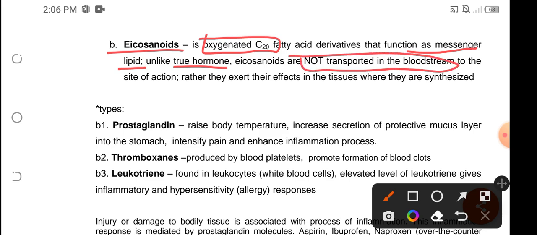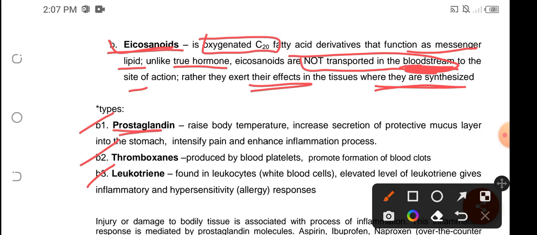So yung mga hormones kanina na-produce sila in the ductless glands and they could transfer the message via bloodstream. Pero pag kay icosanoid, kung saan siya na-synthesize, dun lang yung site of action niya. They exert their effects in the tissues where they are synthesized. And these are prostaglandins, thromboxane, and leukotriene.